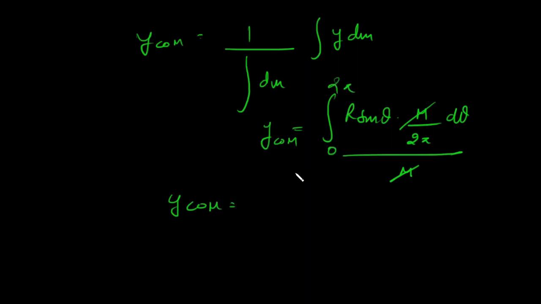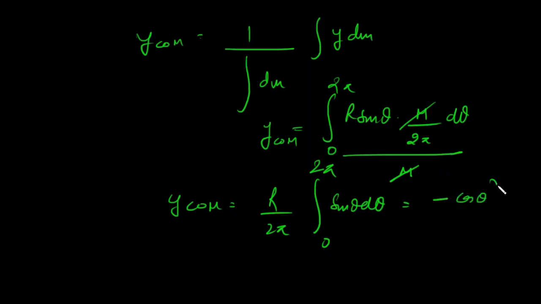Alright, since it is a full circle, this becomes r divided by 2 pi integral sin theta d theta from 0 to 2 pi. Since the differential of cos is negative, hence the integral of sine shall be negative. So this will be negative cos theta. We can take the negative outside. Cos 2 pi is 1, cos 0 is 1, 1 minus 1 is 0. So hence this is 0.